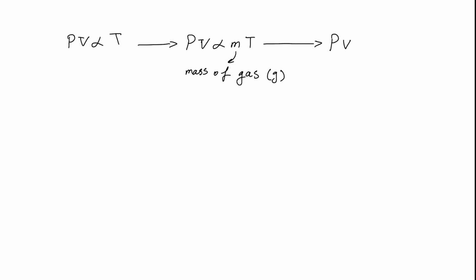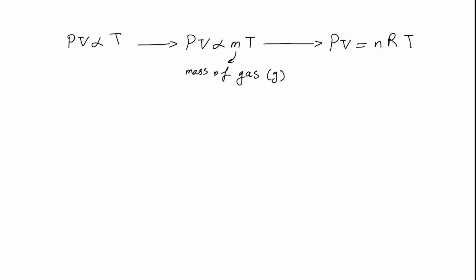More experiments also showed that P times V will have a directly proportional relation with M times T, where M is the mass of gas, which is in grams. And more experiments have shown that P times V will be equal to nRT.